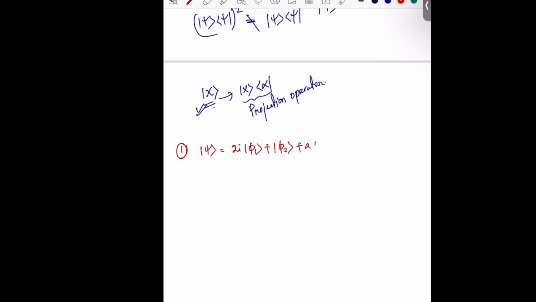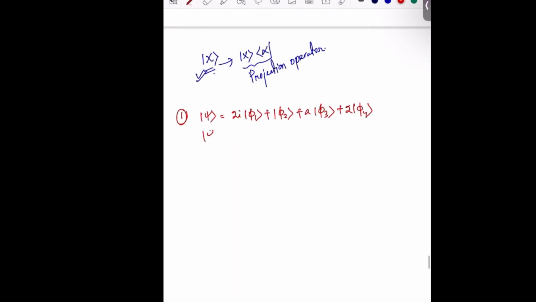Psi 1 is 2 phi 1 minus 3i phi 2 plus 3 phi 3 minus phi 4. The next one is psi 2. A is a constant; find the value of a so that psi and phi are orthogonal.